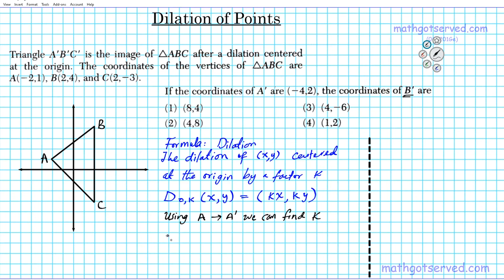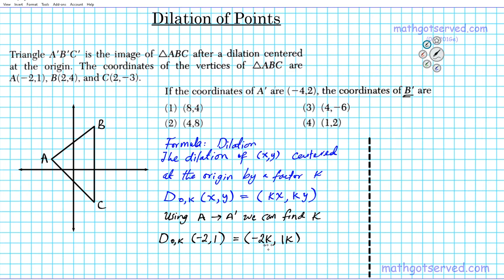So using the formula specified above, the dilation about the origin by a scale factor k of (-2, 1), which is the original point A, will give us what? We don't know what the scale factor is, right? So if we use this formula, all we're going to do is multiply the x and y coordinates by the scale factor, which is k. It's an unknown, so -2 times k, comma 1 times k.